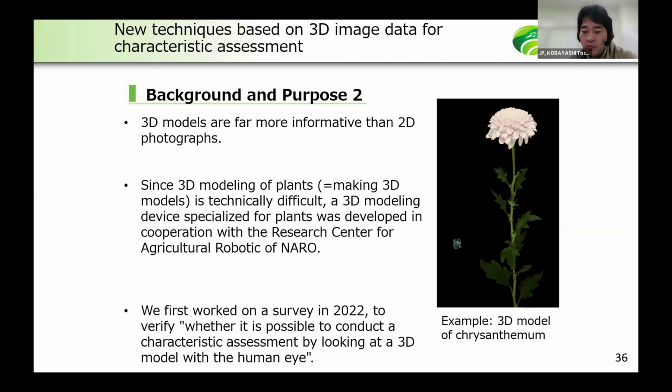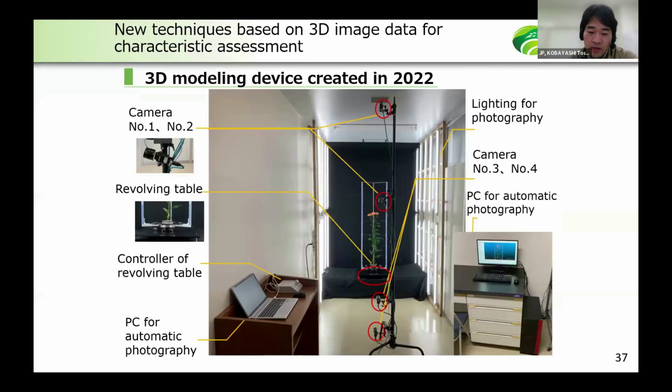To solve this problem, the Research Center for Agriculture Robotics of the National Agriculture and Food Research Organization, NARO, has worked on developing a 3D modeling device specifically for plants. Okay, next.